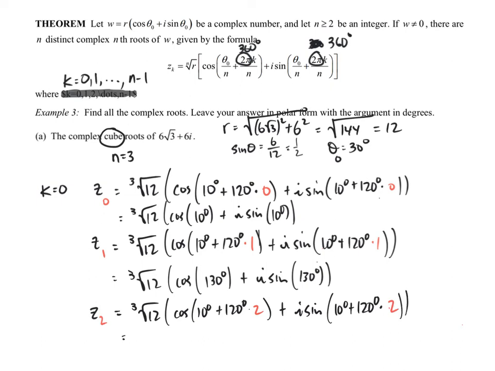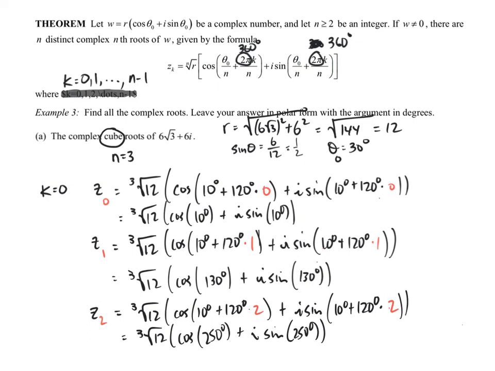I'll simplify those numbers in the parentheses: 2 times 120 is 240, plus 10 is 250, plus i times the sine of 250 degrees.